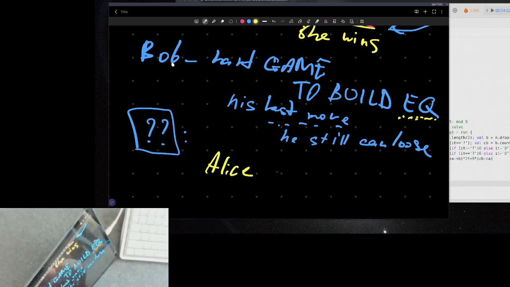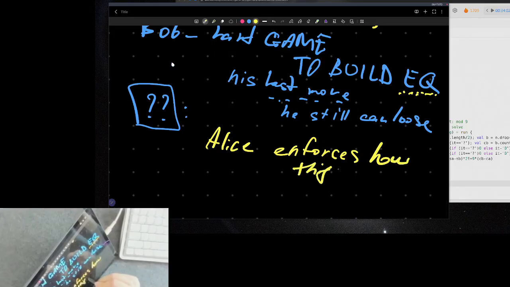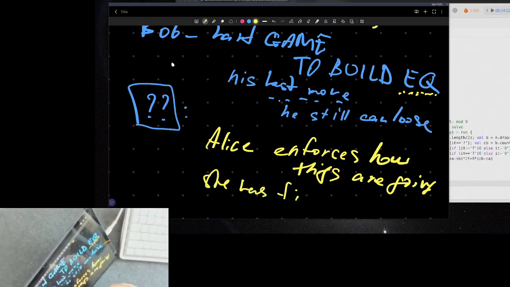Because she has the first move, Alice enforces how things are going in the game. She has the first move, and that's why she enforces Bob's behavior.